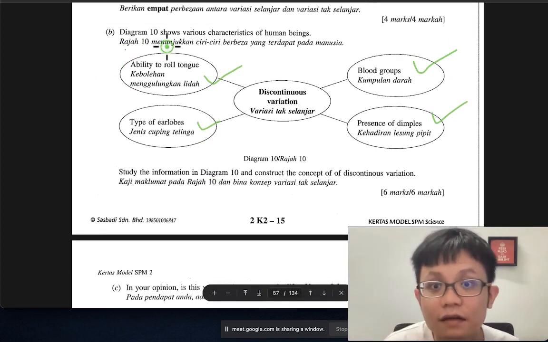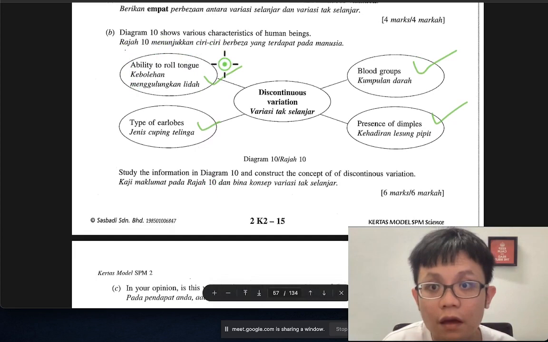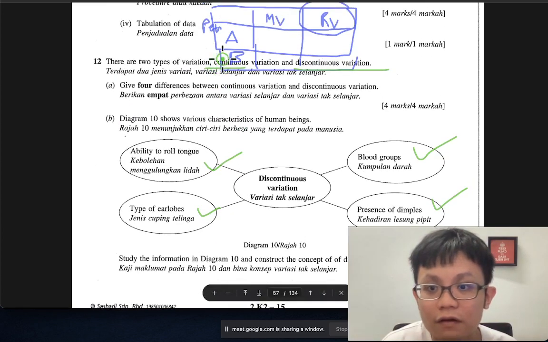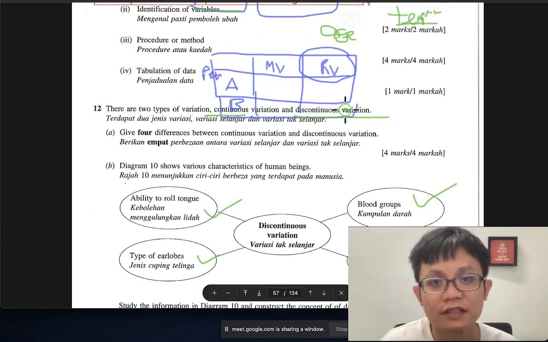What is the question? Give 4 differences. So what are the 4 differences between continuous variation and discontinuous variation?